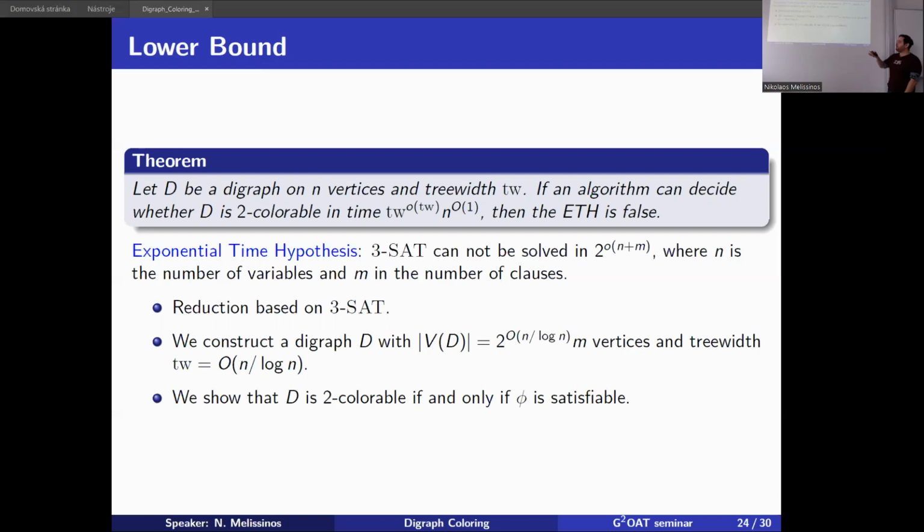We're going to show that this instance is satisfiable if and only if the graph we create is two-colorable. And you can see that if you replace in the running time the values I have given you, this would give us a better algorithm for 3-SAT, and we don't expect that.